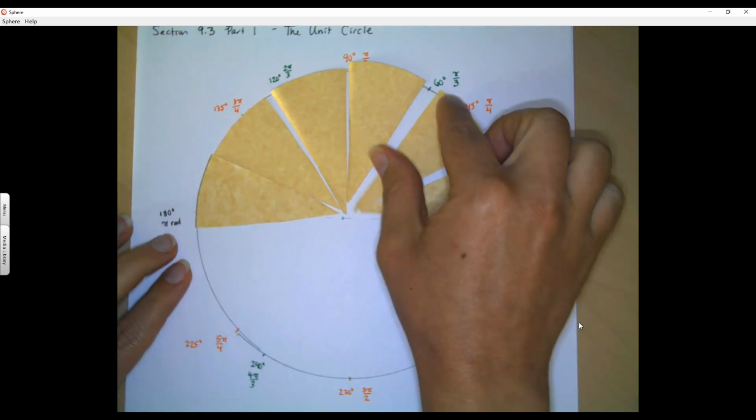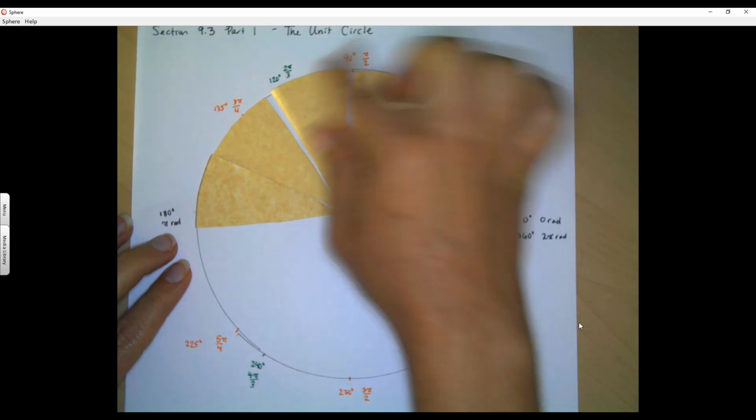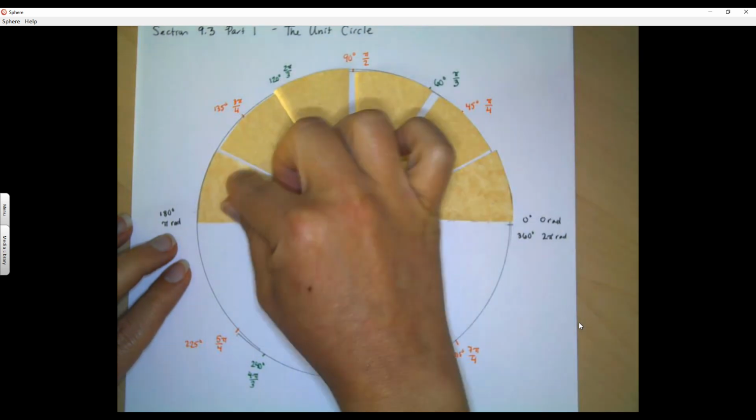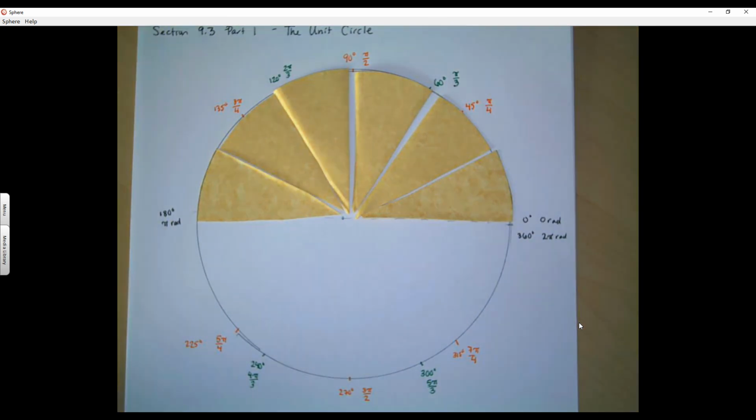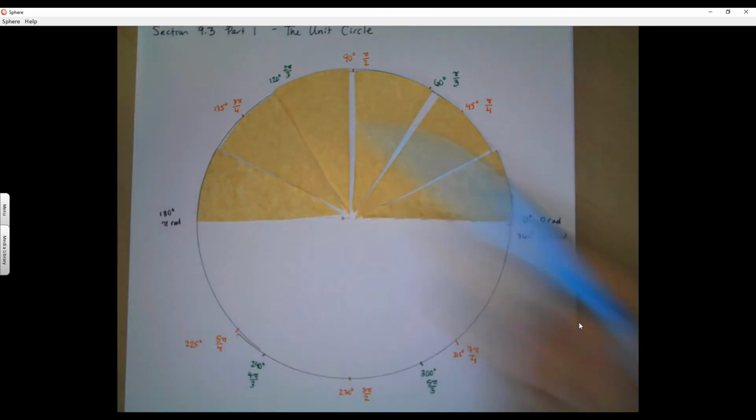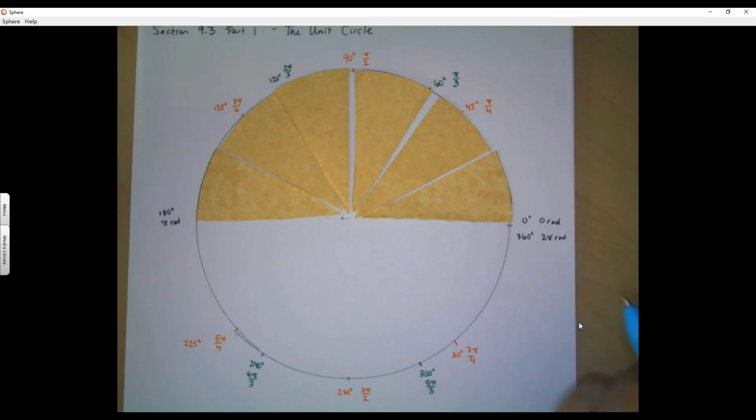Didn't cut quite as well this time. All right, so this time I've divided my pi radians, or my 180 degrees, into 6 pieces.